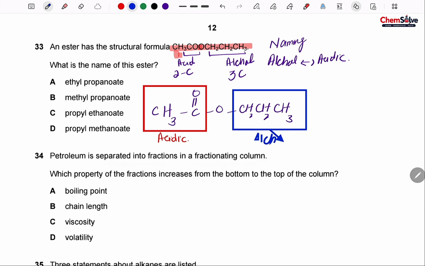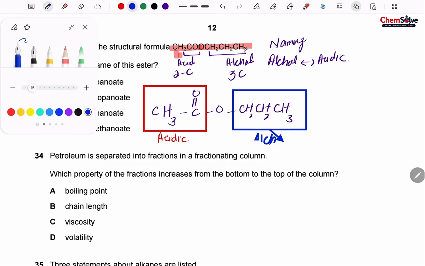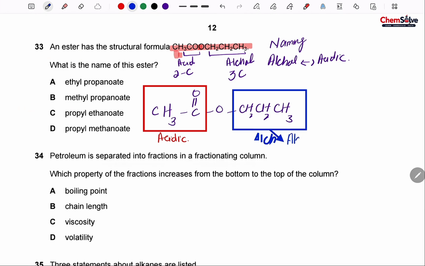So this is basically a 3 carbon alcohol, so it will be propyl, and it is a 2 carbon acid, so it would be ethanoate. That's how our correct statement is C. I hope it makes sense to you.